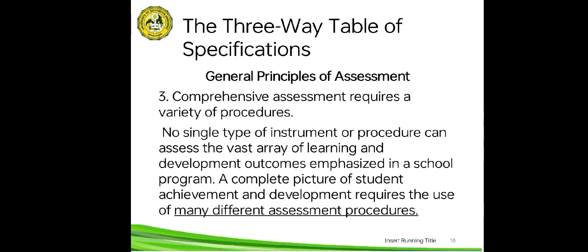It ensures we aren't relying on just one method. It helps us avoid bias, ensure fairness, and brings out the true potential of each learner. A well-constructed three-way table supports validity, reliability, and fairness. Because it measures what it's supposed to measure, it gives consistent results, and all students get an equal opportunity.